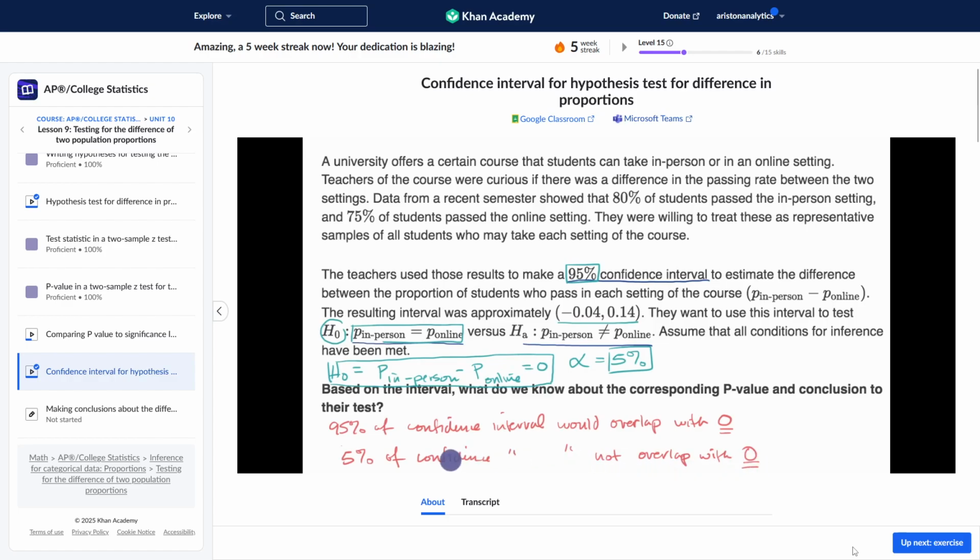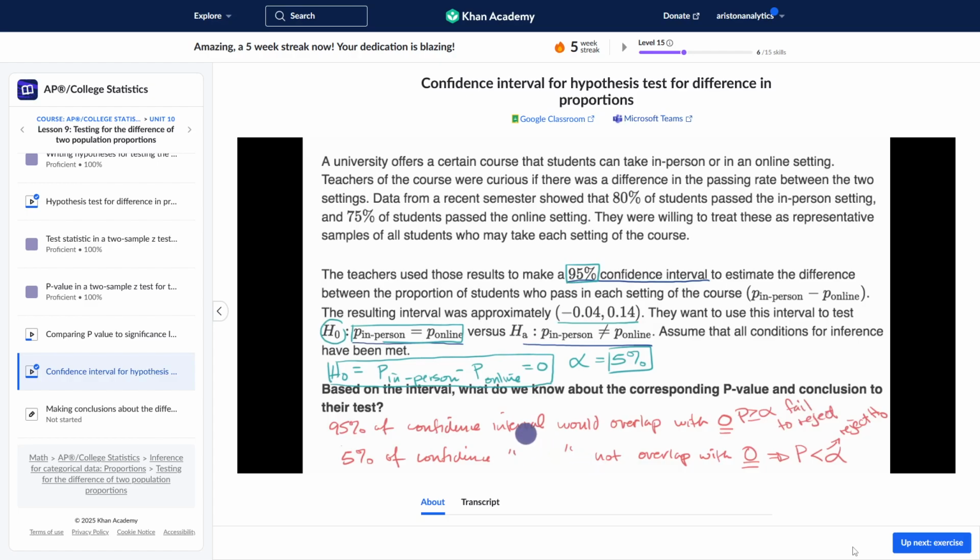And so if you are in a situation where you go through this process, you try to construct a 95% confidence interval, and you don't overlap with your assumed difference of the true proportions from your null hypothesis, well, in this situation, your p-value is going to be less than your 5% significance level. So in this situation, you would reject your null hypothesis. And in this first situation, your p-value is going to be greater than or equal to your alpha level, and you would fail to reject.